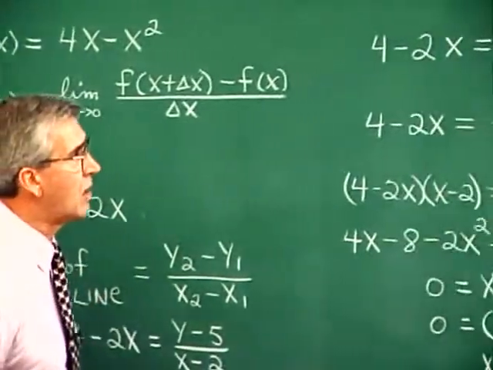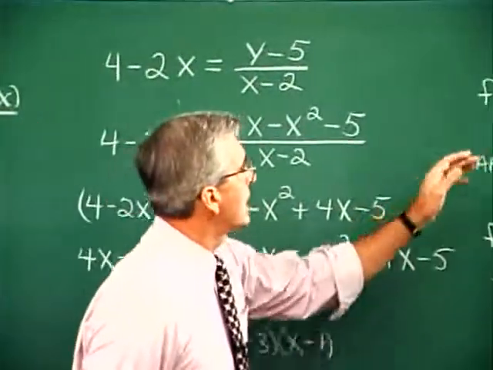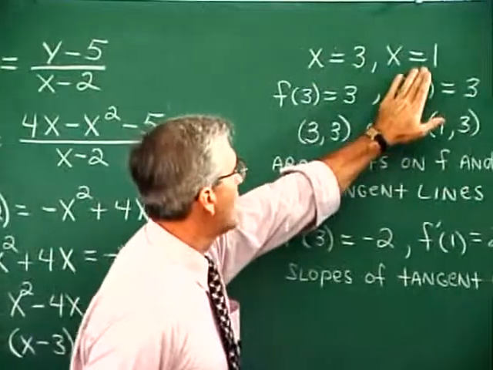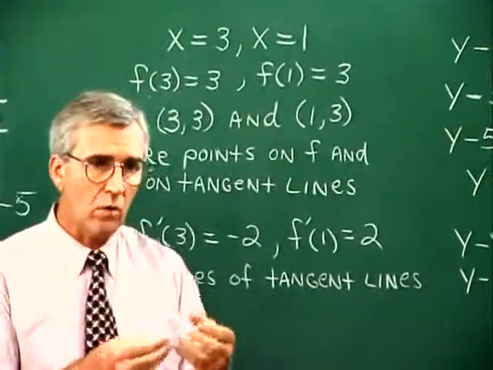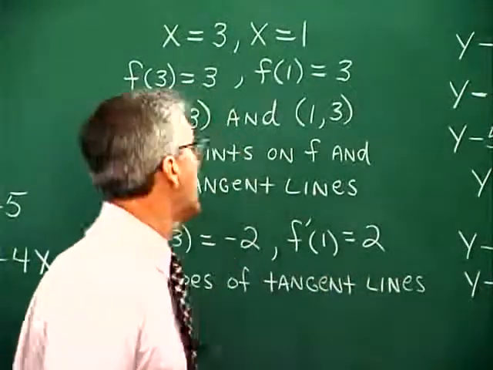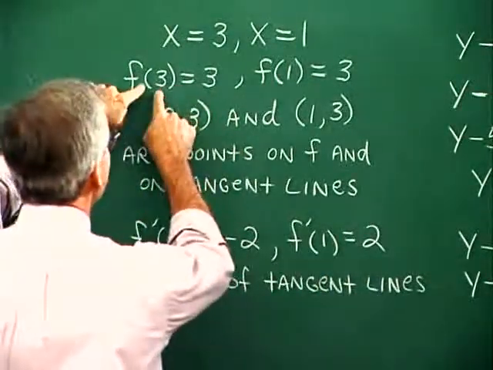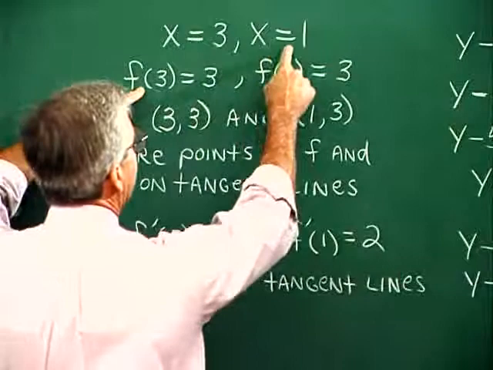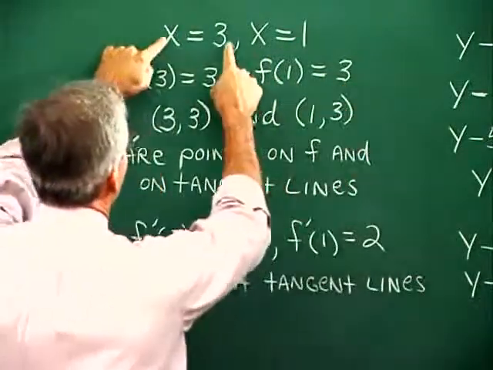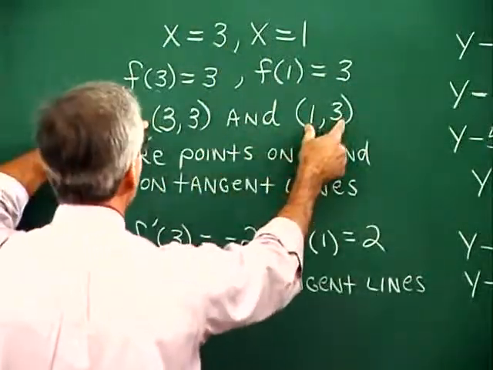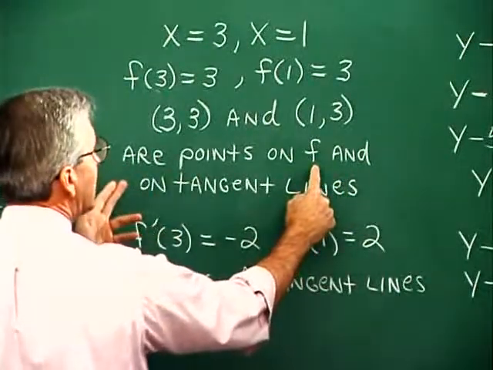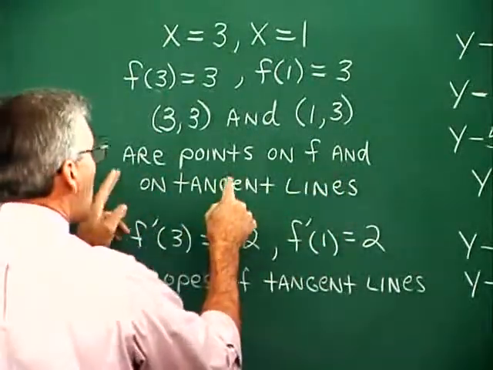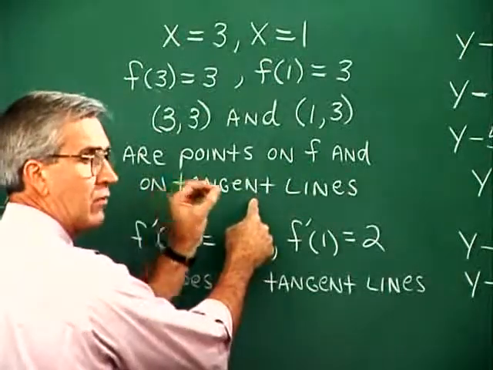Let's go over here and summarize a little bit. We found x to be 3 and x to be 1 when we went through that little equation, an equation that came from the slope formula. And f of this 3 was 3, and f of this 1 is 1. So the point 3, 3 and the point 1, 1 are points on the graph of f, and they are on the tangent lines that we're targeting.